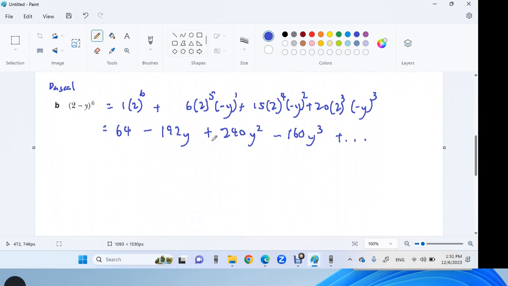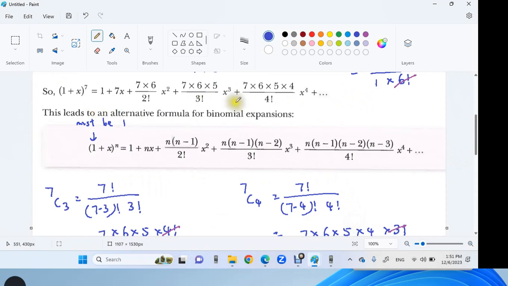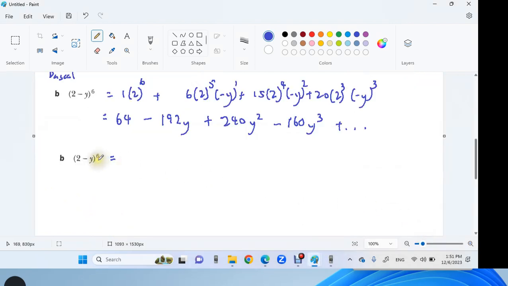Question: if you want to use binomial expansion, it will be a little bit difficult. Why is it difficult? Because you have to do some adjustment. Like what I said just now, for binomial expansion, it must be 1 in front. If it is not 1, then you have to change it to become 1.